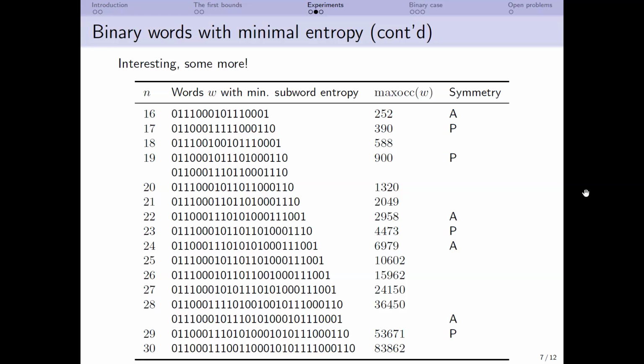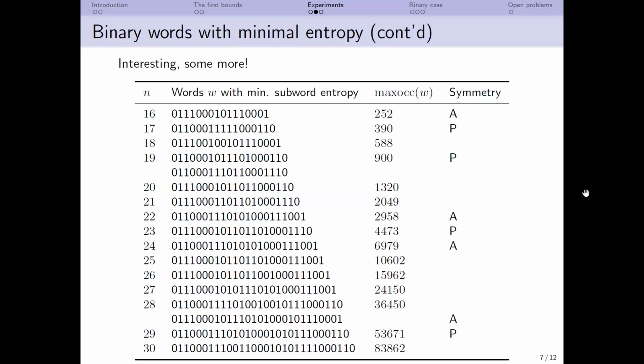So I was a bit confused. Sometimes you can also observe that for some particular lengths, there are several words minimizing the subword entropy, even counting the trivial symmetries, exchanging 0 and 1, or flipping the word altogether. And sometimes there is one word without symmetry and another with some symmetry.